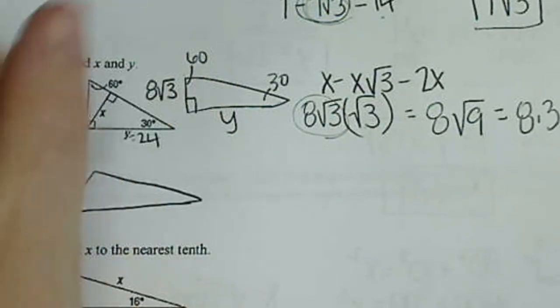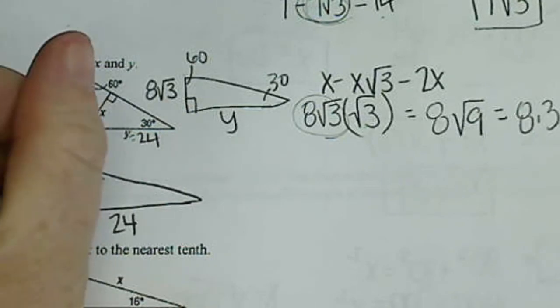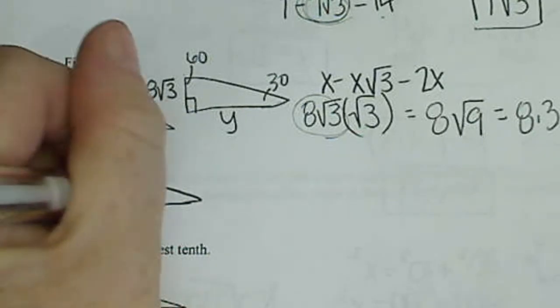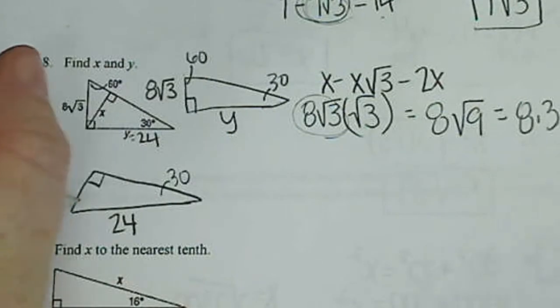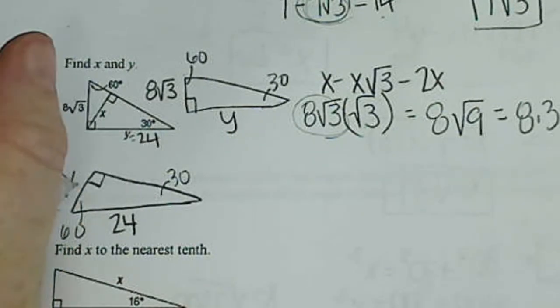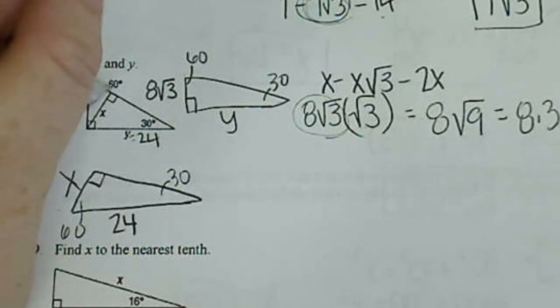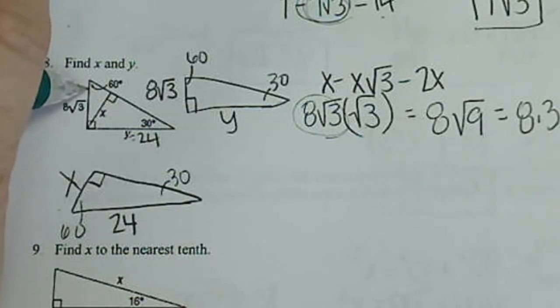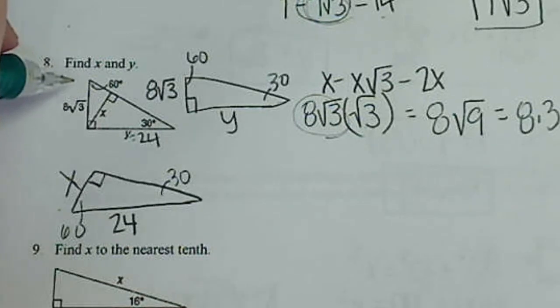Let's use this big triangle. I know this is 24, this is 90, this is 30, which makes this 60. If you use this little triangle, you will get the same answer. It's just a little bit more complicated.